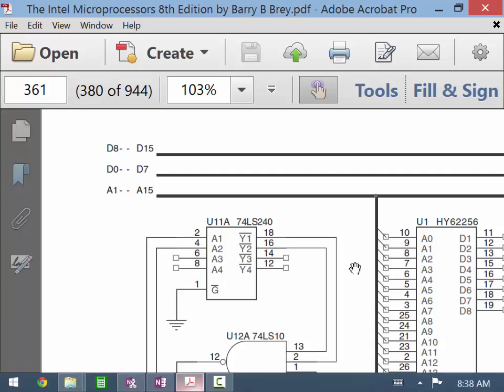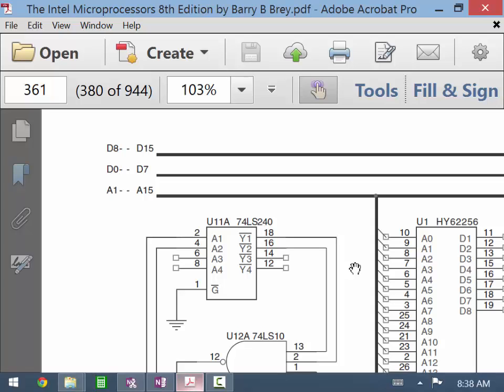So A0 is not needed there, because A0 represents the odd and even. We're going to grab two bytes at the same time, so we don't need to use A0.